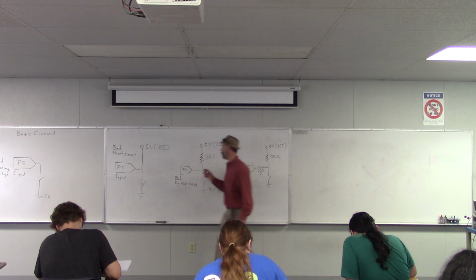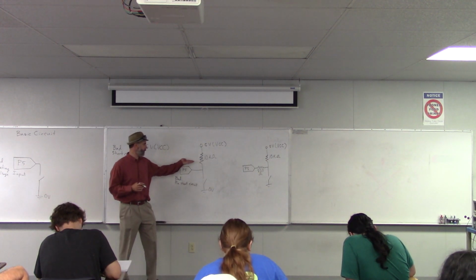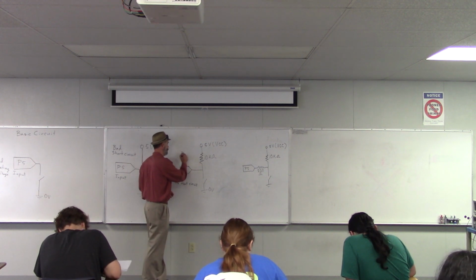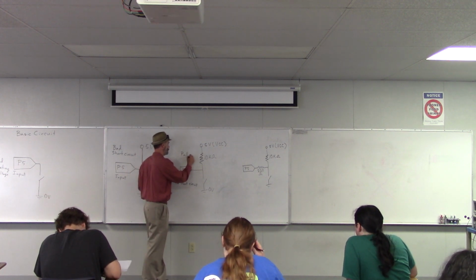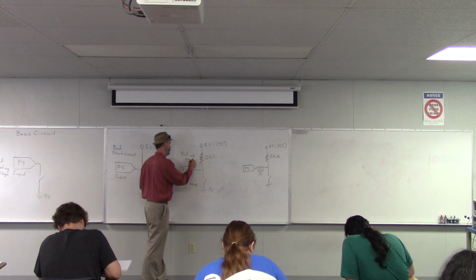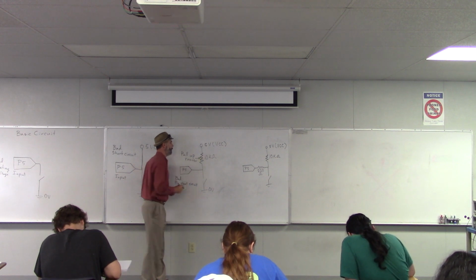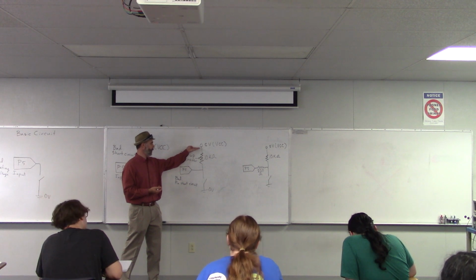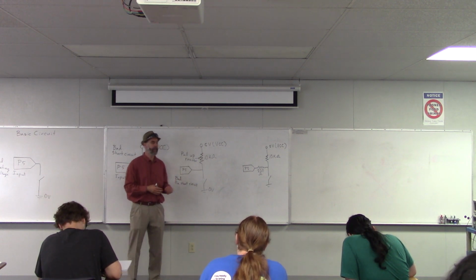Now, when we use a resistor like this between a pin and 5 volts, we call that a pull-up resistor, because it pulls the pin voltage up to 5 volts when the switch is open.